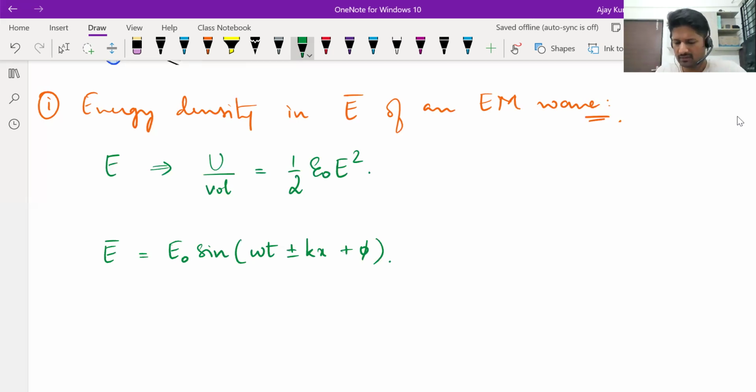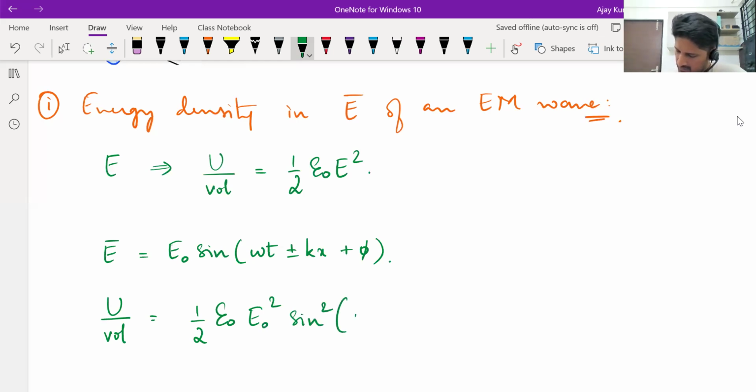Now, if the electric field keeps changing, then the energy density, that is the energy per unit volume in that field, will also keep changing, because energy per unit volume is half epsilon naught E square. Then if it's the electric field created by an EM wave, E square would be E naught square sine square of all that, omega t plus minus kx plus phi.